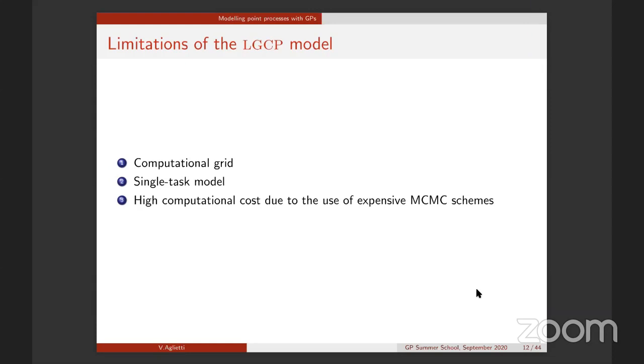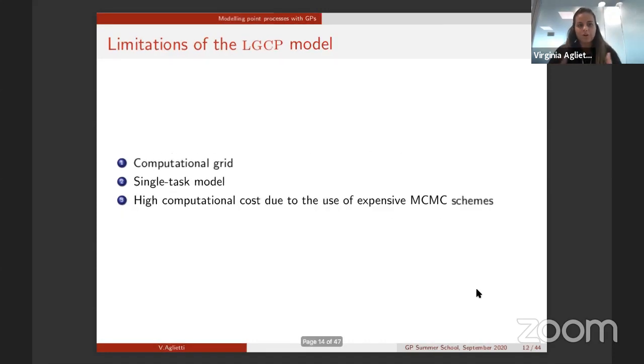As I was saying, one of the main limitations of LGCP is that in order to have tractable inference, generally people consider a computational grid. But that's not the only limitation. Generally, the LGCP has been developed for single task models.